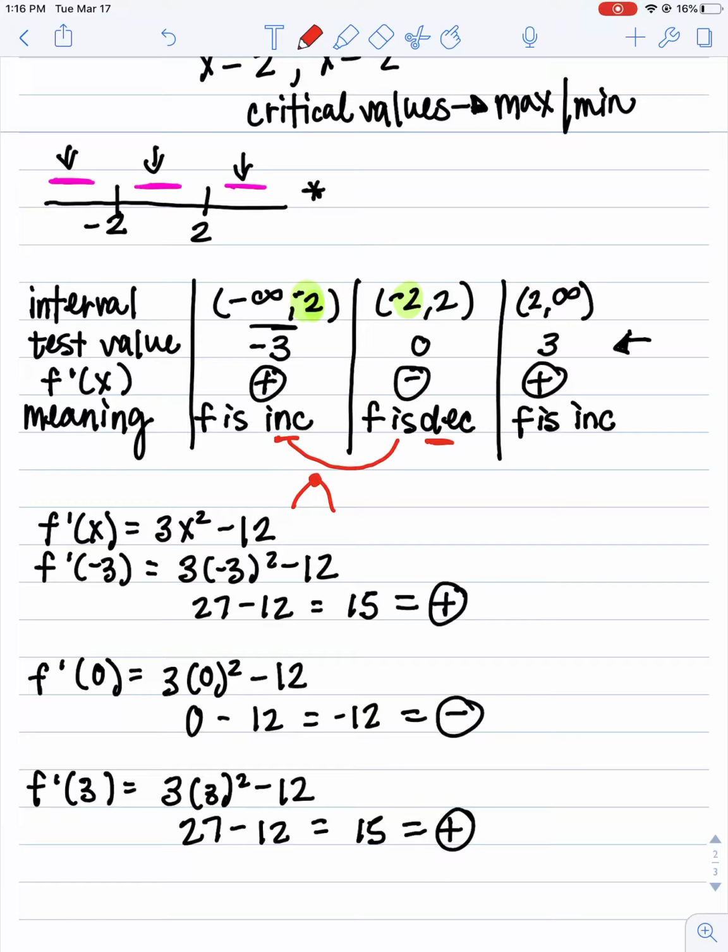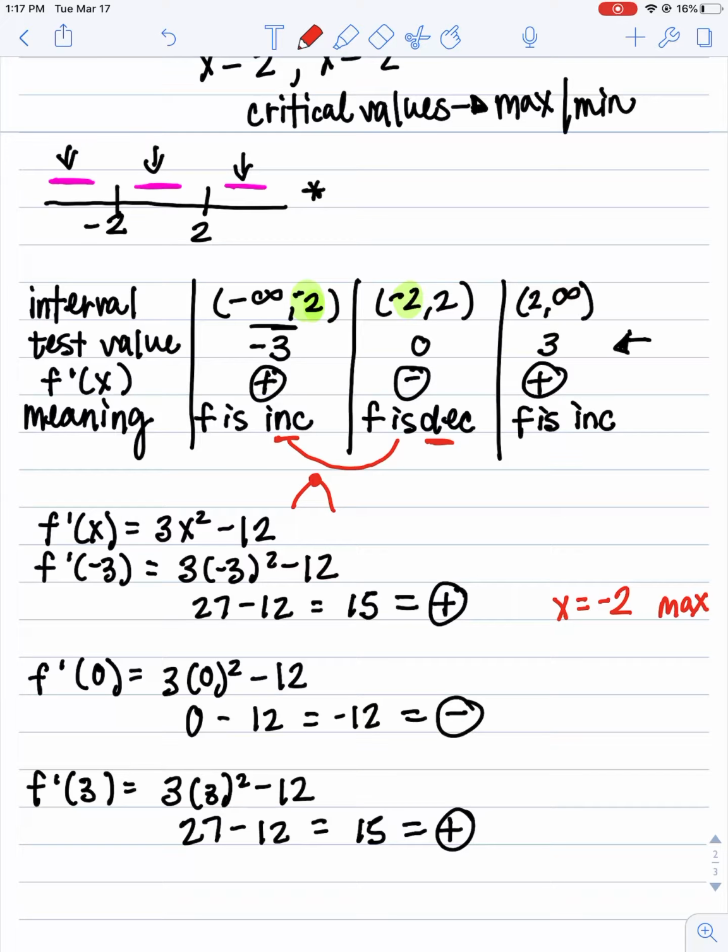So x equals negative 2 is clearly a maximum.